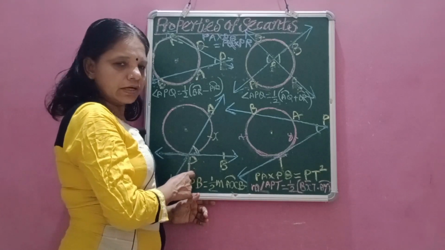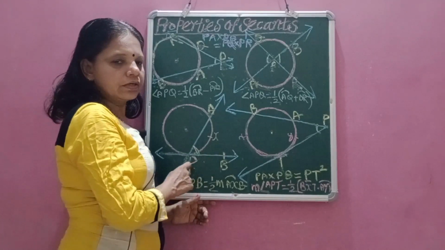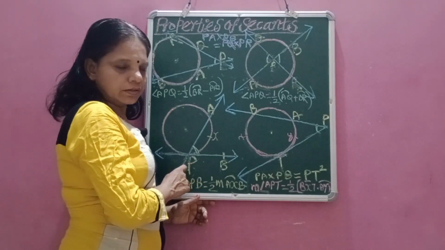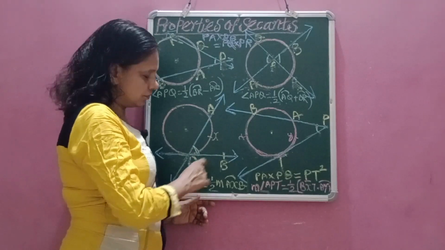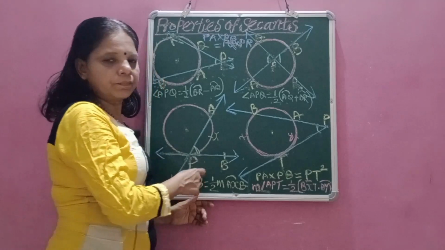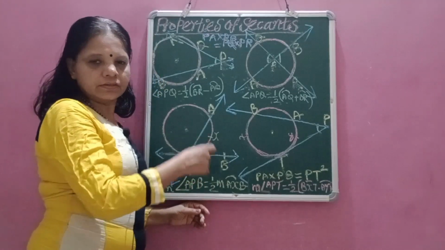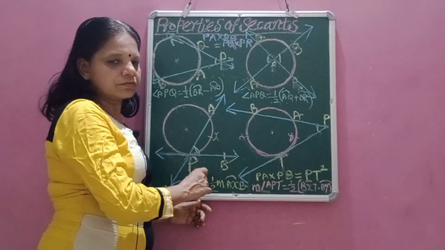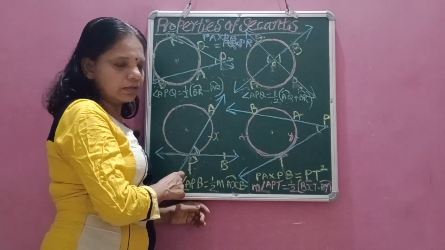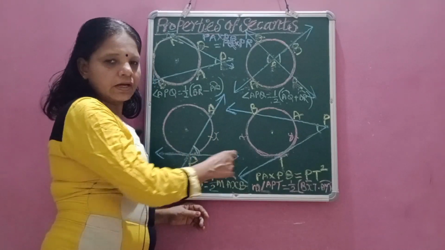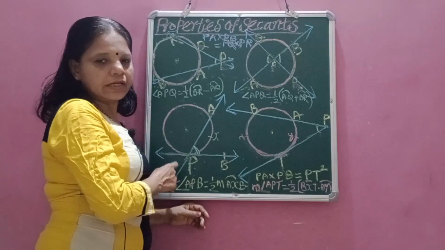Then the measure of the angle is half the measure of the intercepted arc. This property is known as the tangent secant property or tangent secant theorem. Why? Because one side of the angle is secant and the other side is tangent.